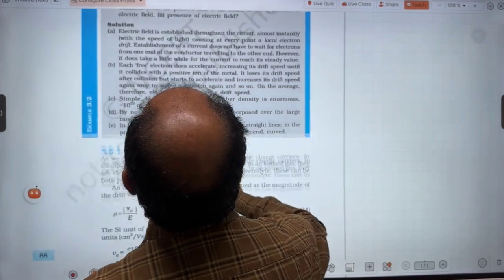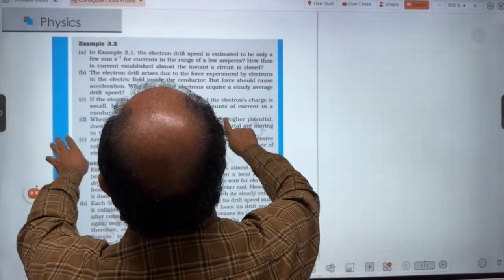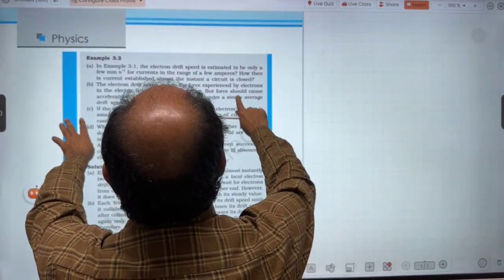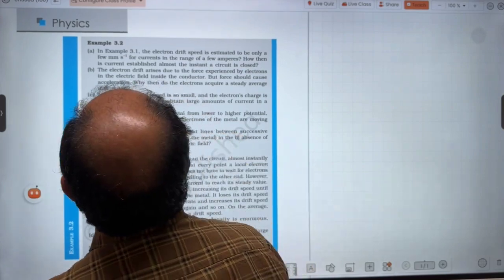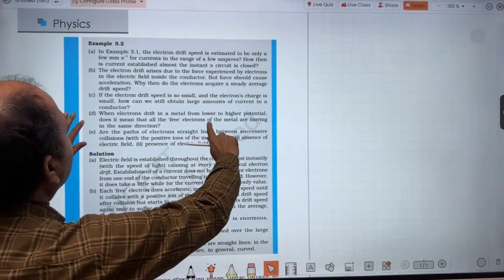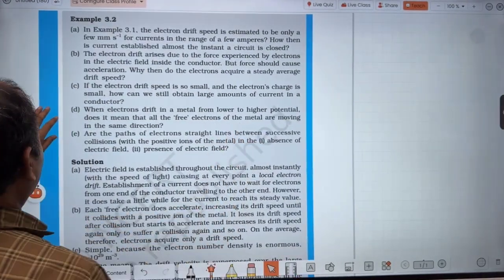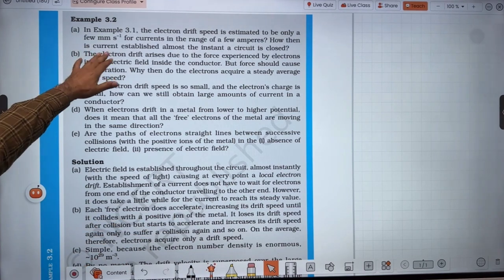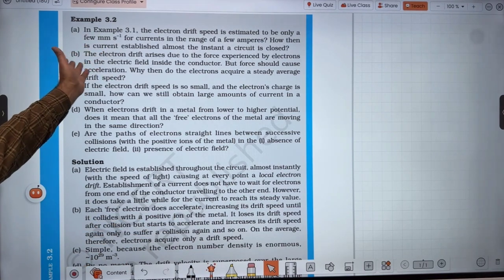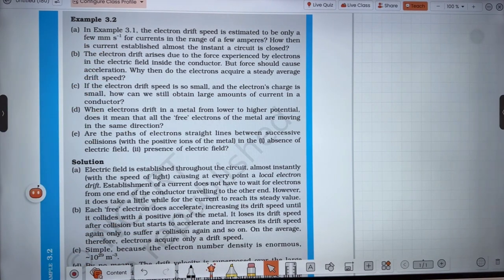Now we are going to see some basic questions, and they are important. The first one is, in example 3.1, previously we have calculated drift speed. The electron drift speed is estimated to be only a few millimeter per second.